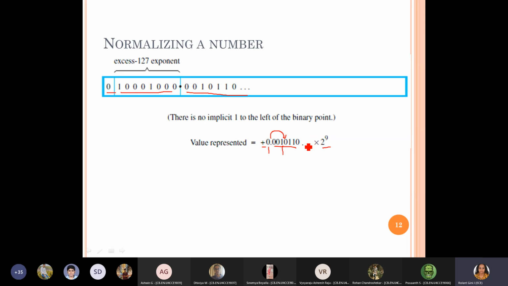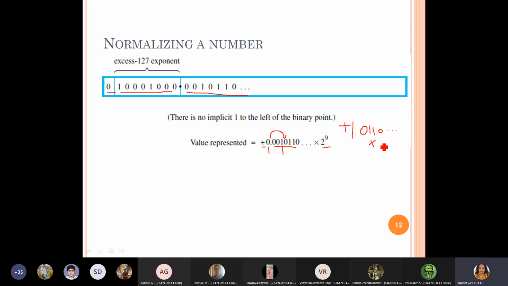So when we shift the binary point 3 bits to the right, the number becomes plus 1.0110, and whatever the remaining numbers, it will be followed as it is.